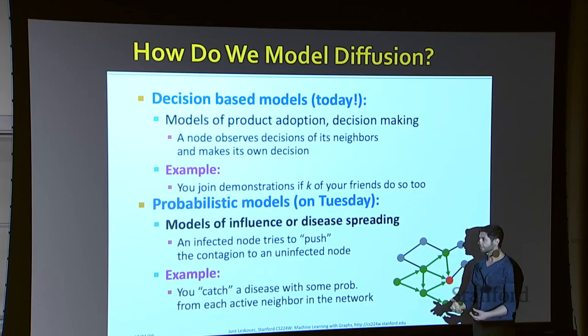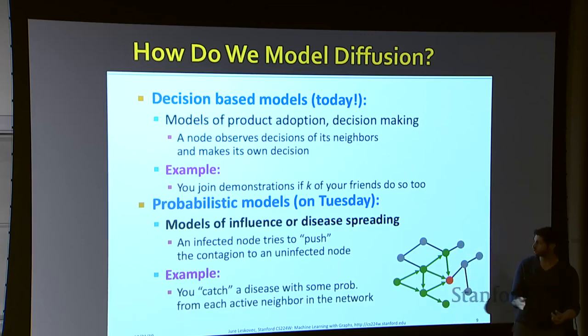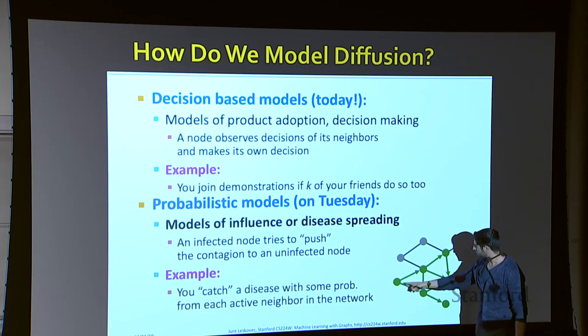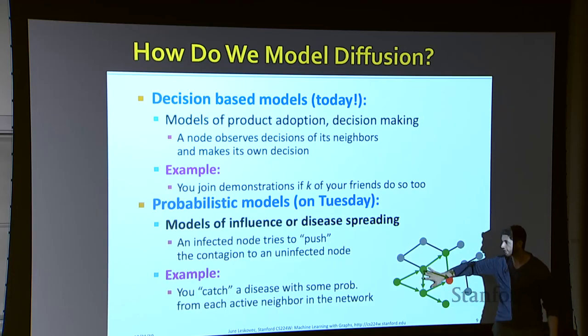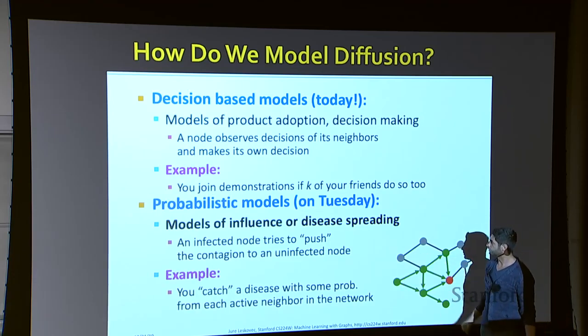What happens in that case is that an infecting node tries to push the contagion to an uninfected node. And then we have a probabilistic model there, which tells us, we flip a biased coin, and it will tell us, okay, this person has received the virus, yes or no. So that's why for the case of contagions, we're going to be mostly using probabilistic models.